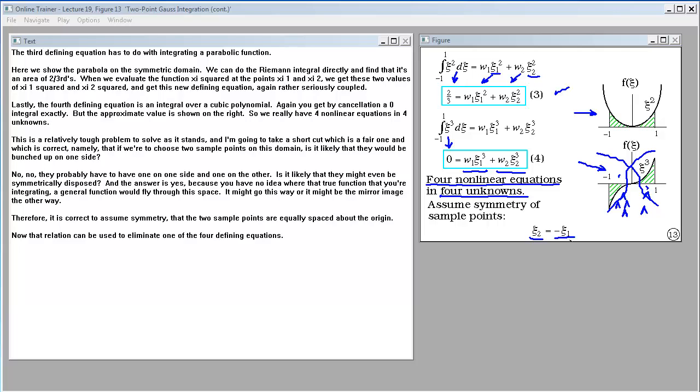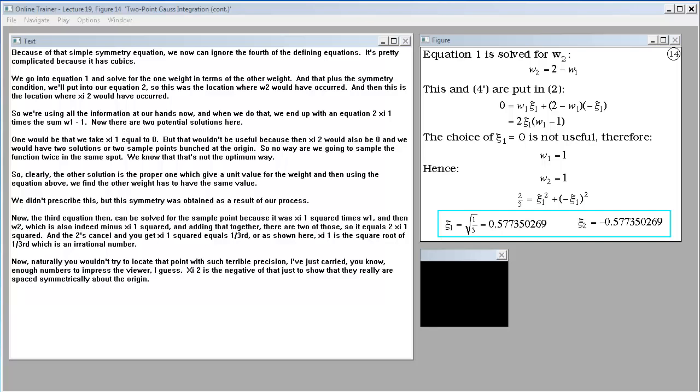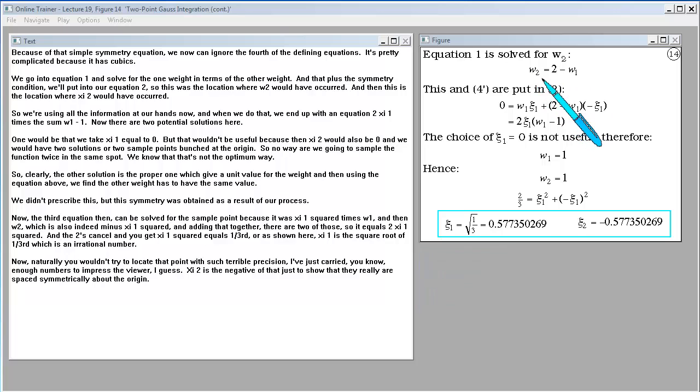Now, that relation can be used to eliminate one of the 4 defining equations. Because of that simple symmetry equation, we now can ignore the 4th of the defining equations. It's pretty complicated because it has cubics. We go into equation 1 and solve for the one weight in terms of the other weight.